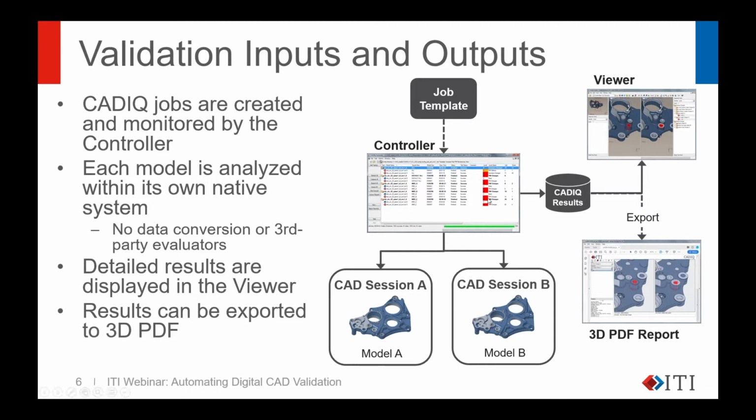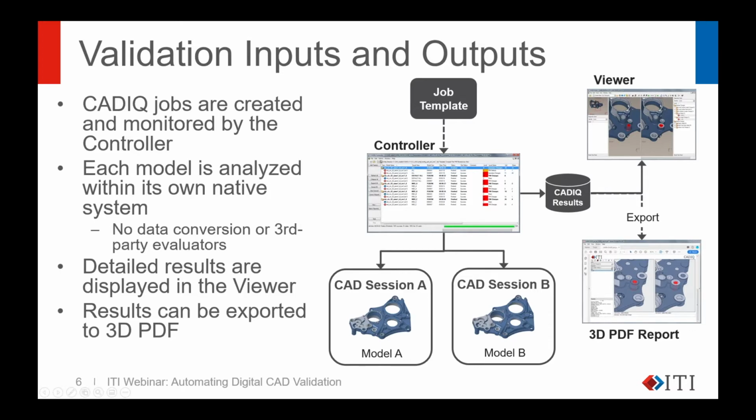Those act as inputs, along with a template describing what checks you want to run. And really this is the piece that can be automated so that the users don't have to execute these steps. They really just can interact with the results. And we'll talk a little bit about how interacting with results is an important thing to consider when you automate any processes within PLM or other systems.